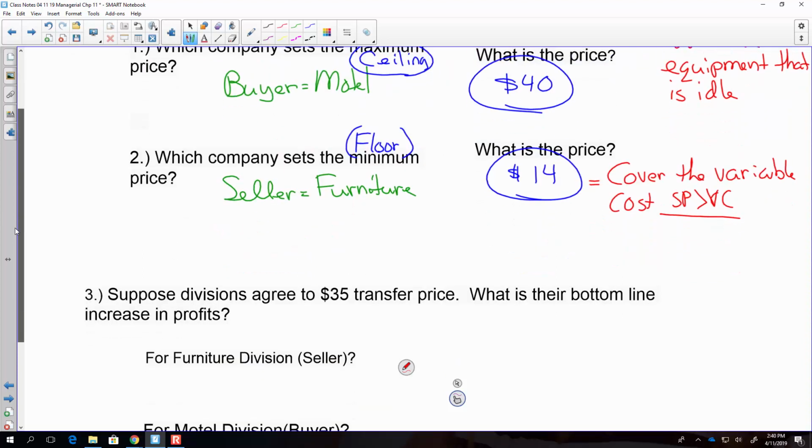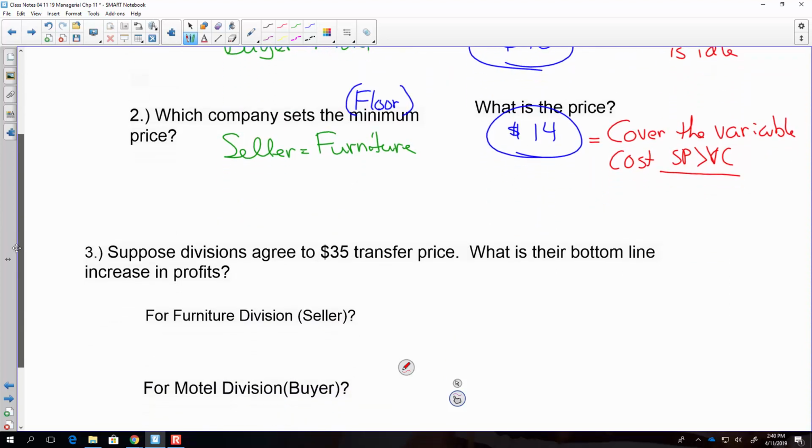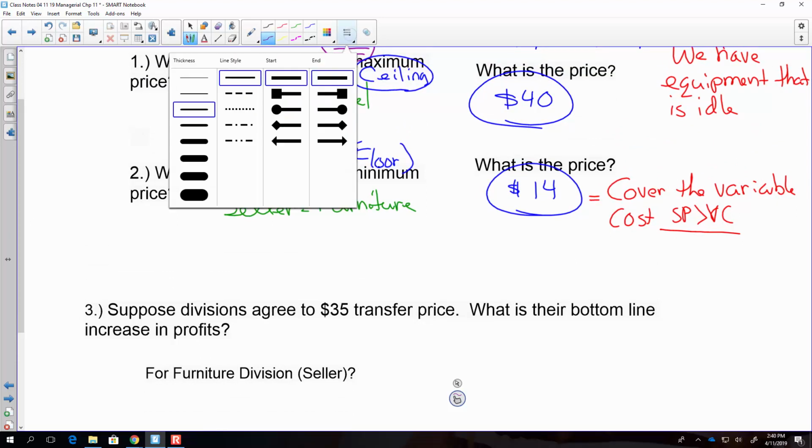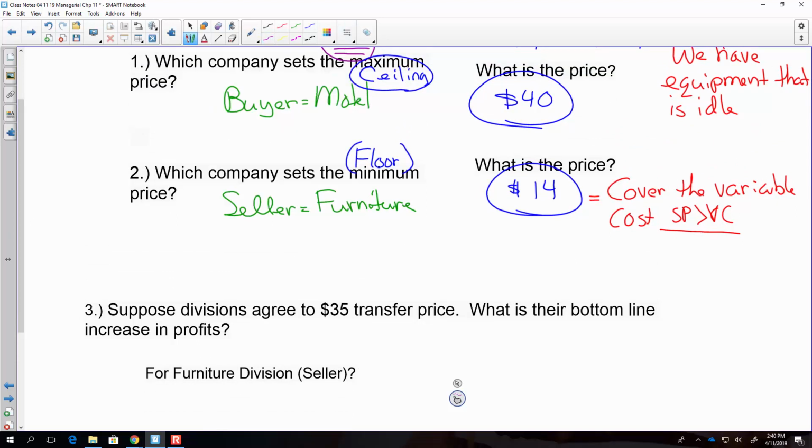So, in question 3 then, it says, suppose the division agrees on a transfer price of $35. Now, $35 fits in the range. So they're looking at a $35 transfer price.